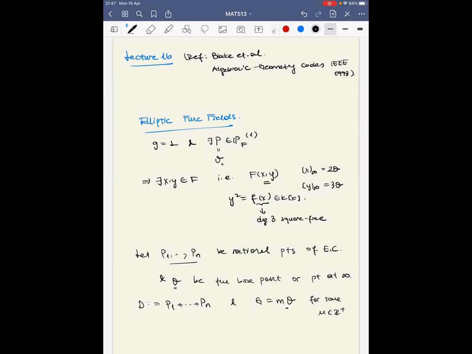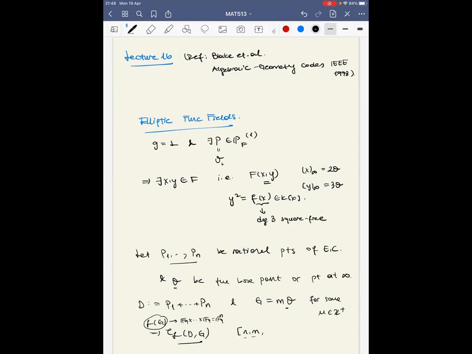And by theorem 2.2.2, we know that we can produce a linear code by considering the evaluations of the functions in the Riemann-Roch space L of G at these given distinct places.